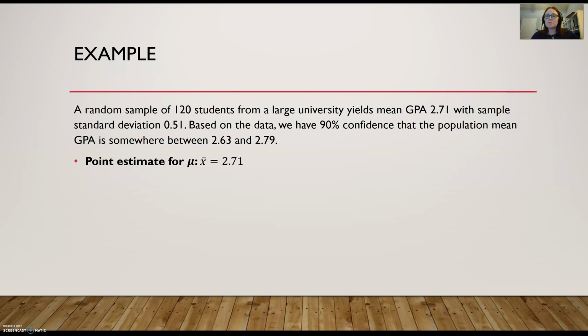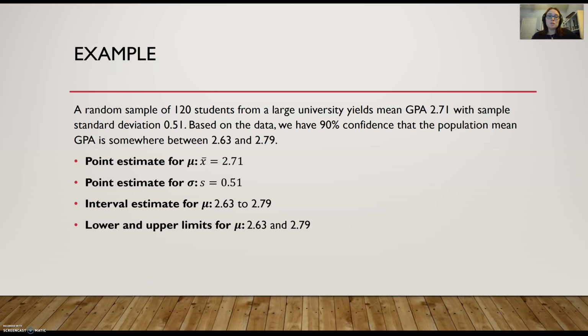The sample mean that we got from the 120 students is a point estimate for the population mean. The 0.51 is a point estimate for the standard deviation. The 2.63 and the 2.79 are my interval estimate. Somewhere in there, we think the actual population mean lies.